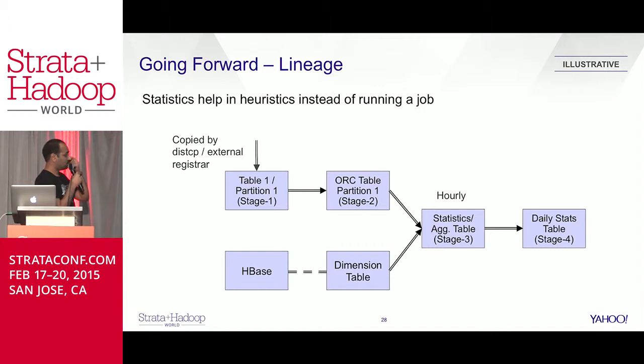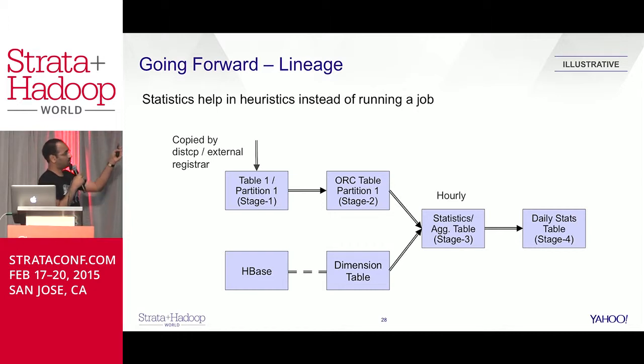Now, this is a simple example which basically tells you where there is a source partition table at stage 1, and we have a dimension table at stage 2. The first step most people do when the data gets into HDFS is convert that to ORC or into a Hadoop friendly format, and then they expose it to other users.